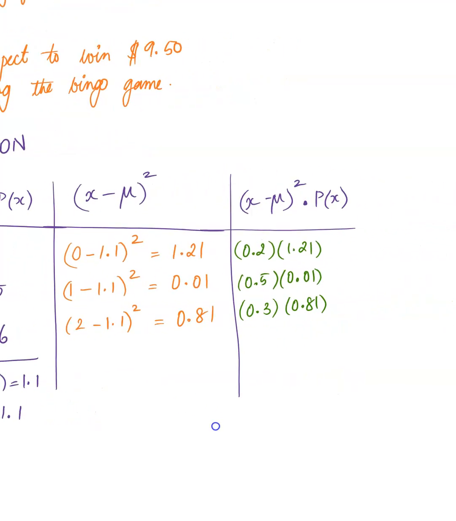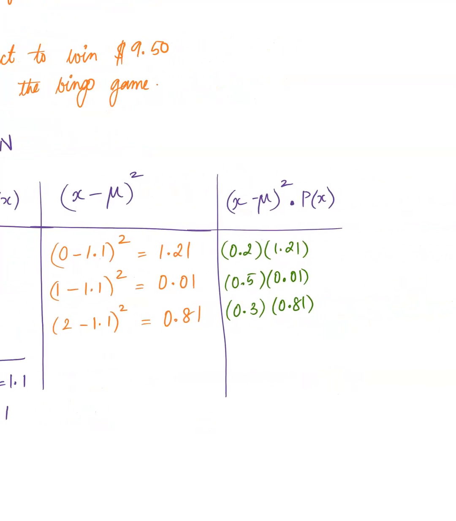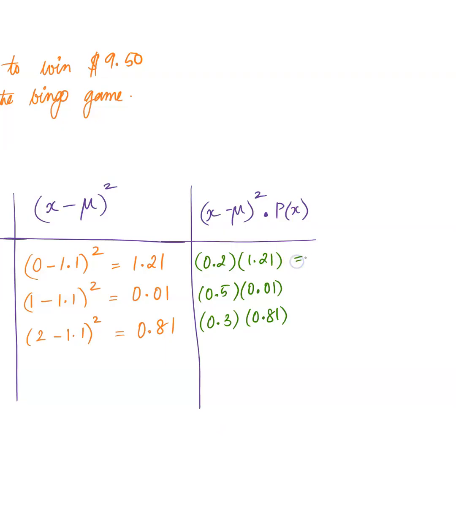I hope you're able to follow that. Okay, and then go ahead and multiply them out. Use your calculator. That comes out to be 0.005. There are 3 decimal places there. 3 decimal places in all of these, right? So watch out for that. 243.